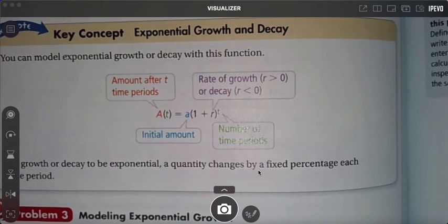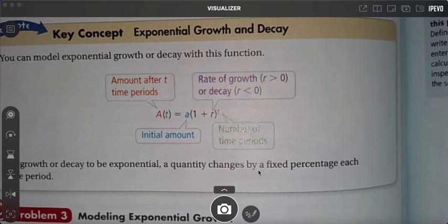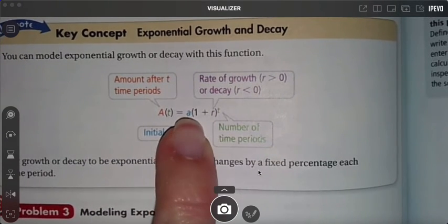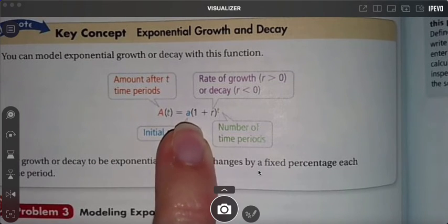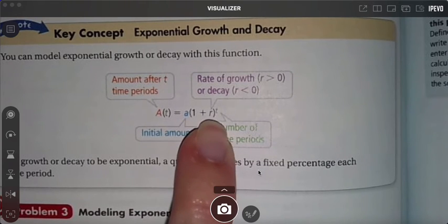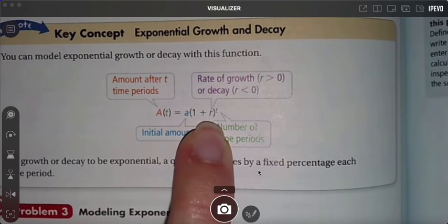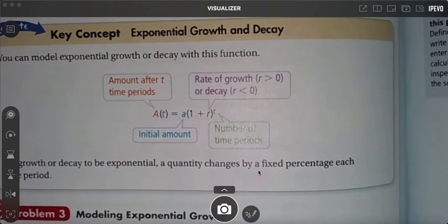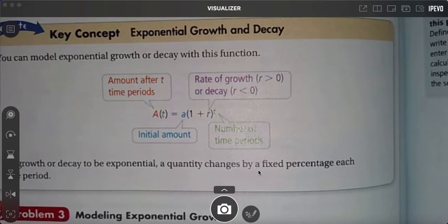The little blue A, that's your initial value. That's what it says, your initial amount. So you would put $1,000 right there. The R is the rate that you're growing. If it was growing at a rate of 30%, that would be 0.3, right? So I would have 1 plus 0.3. And then T, notice they use the letter T and not X. That's because they're dealing with time, okay?